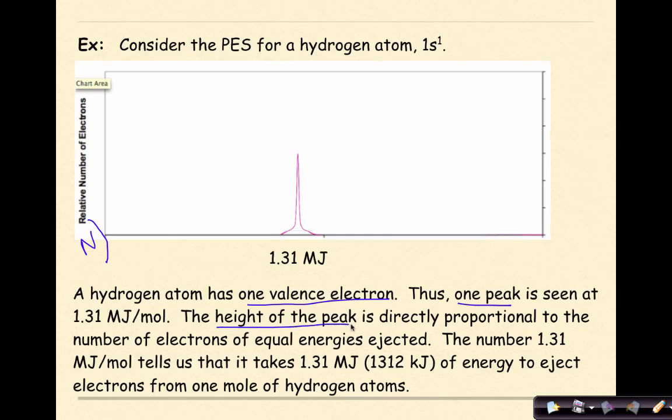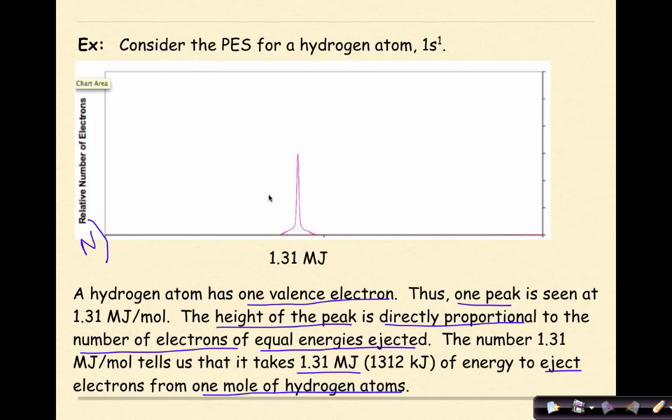The height of the peak is directly proportional to the number of electrons of equal energies ejected. The number 1.31 megajoules per mole tells us that it takes 1.31 megajoules, or 1,312 kilojoules of energy, to eject electrons from 1 mole of hydrogen atoms.